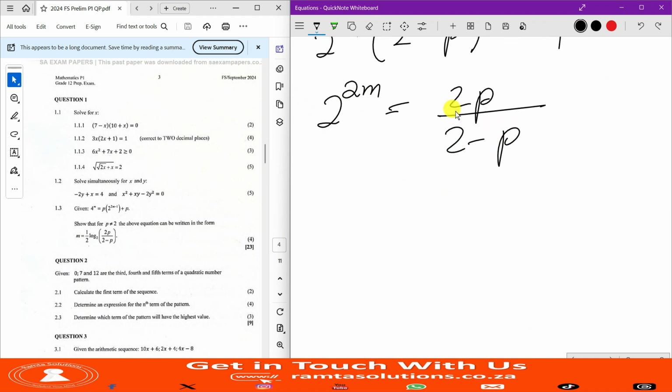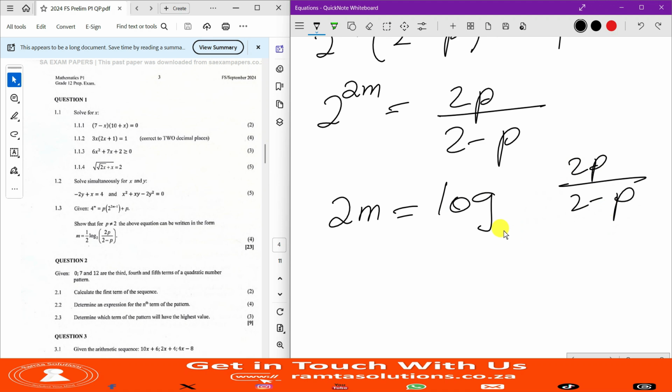Now, when we log both sides, we can simply say, okay, 2m is equal to log base 2 of 2p over 2 minus p. Let me put this in a bracket.